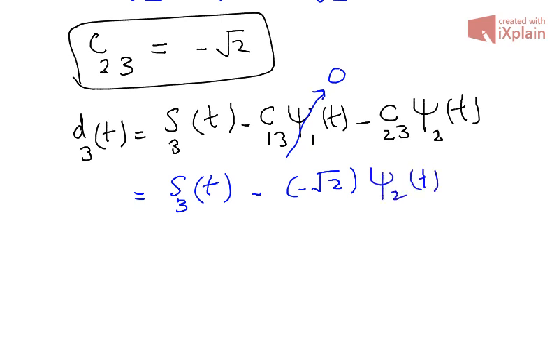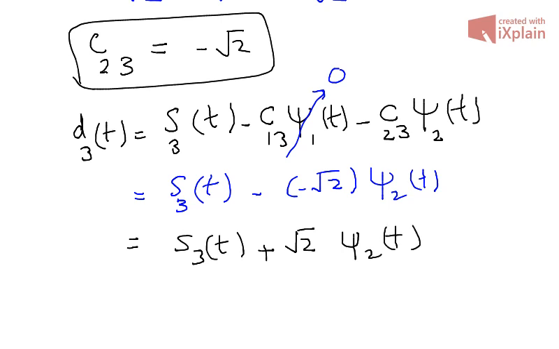This is equal to S3 of t plus under root 2 psi 2 of t. This is your D3 of t.